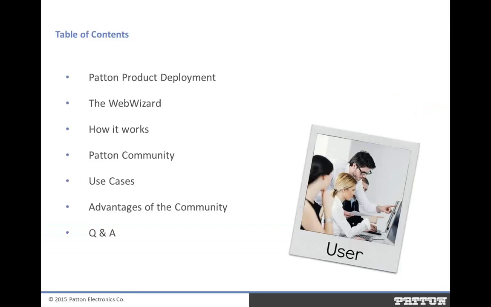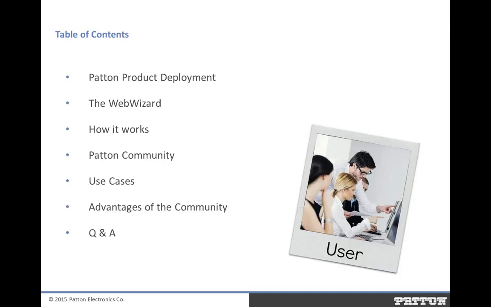So to get started, I want to give you a quick overview of the content of this webinar. A few words about Patton product deployment: a quick update and refresher on the different methods and how a Patton product can be deployed, configured, and so on. Then the main thing we want to talk about today, the Web Wizard, what this is all about, how it works, and how the Patton online community works, how it's set up.